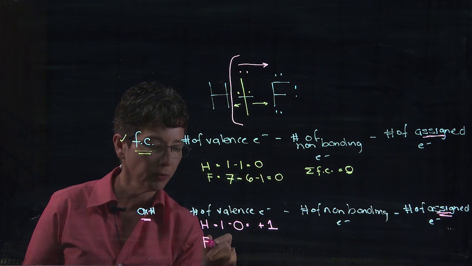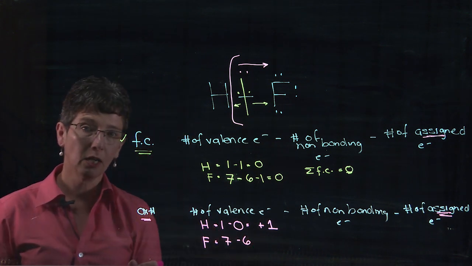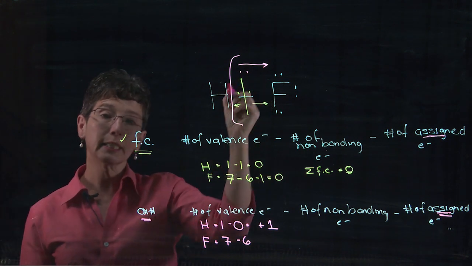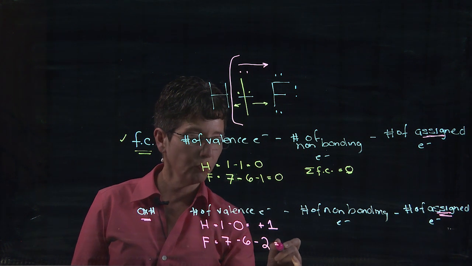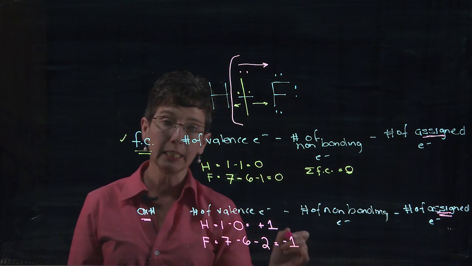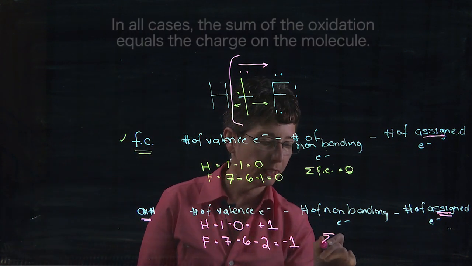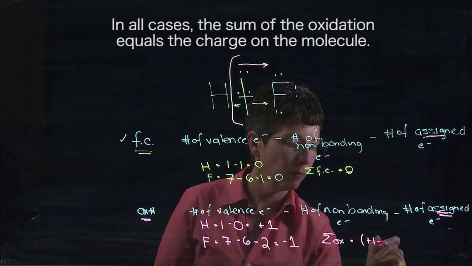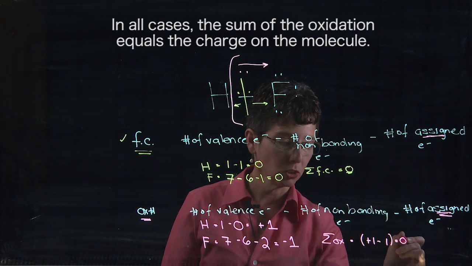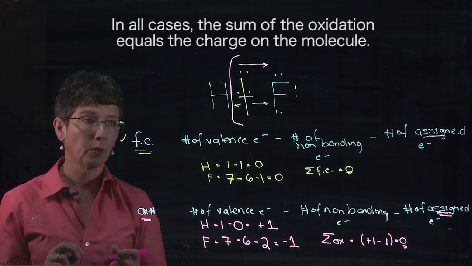And then fluorine has 7 valence electrons minus 6 non-bonding electrons, but it gets assigned both of those electrons. So fluorine has an oxidation number of -1. Again, the sum of our oxidation numbers, +1 minus 1, equals the charge on our molecule. So we know we've assigned oxidation numbers correctly.